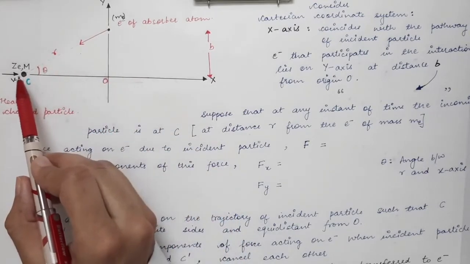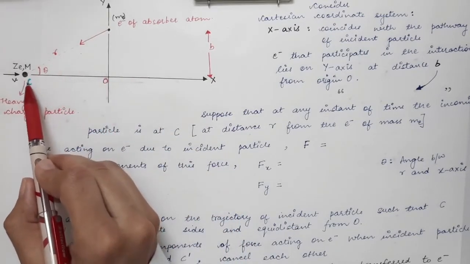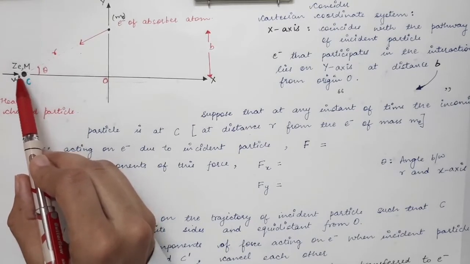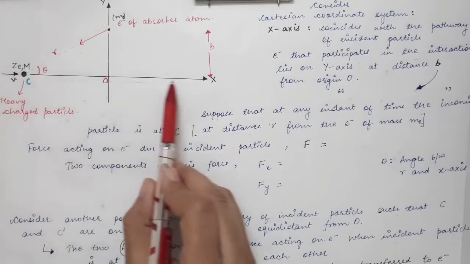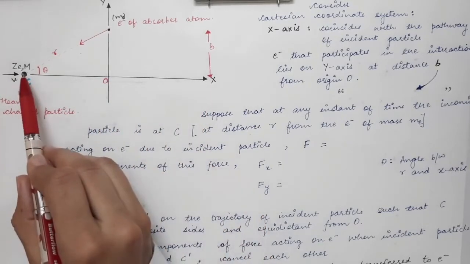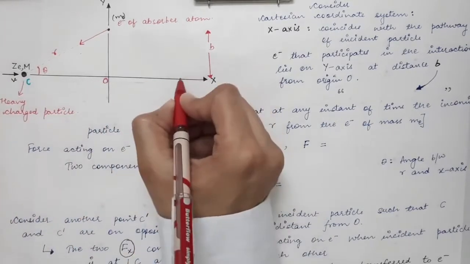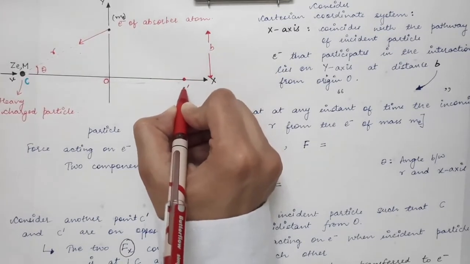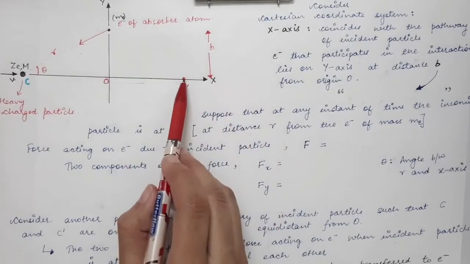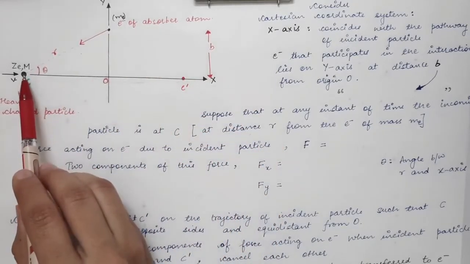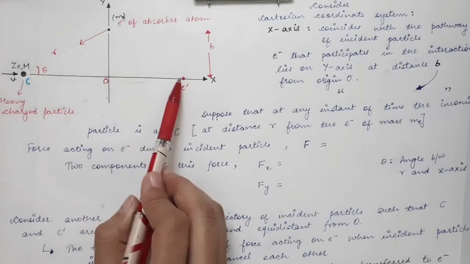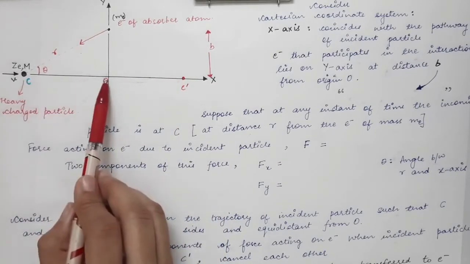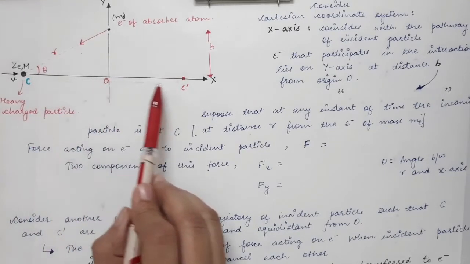Now the heavy charged particle is present at this point, capital C. We will consider the same charged particle as it travels along this direction. We consider this charged particle to reach this point, which is C prime. The C prime point is such that it is at the same distance from the origin as the point C. So this OC distance is exactly equal to OC prime.